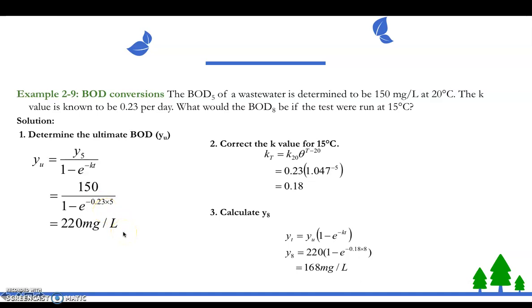However, the question wants the analysis at 15 degrees C, so you need to calculate K at 15 degrees C, which gives 0.18. Then apply the same equation with the corrected K to get BOD8, which is 168 milligram per liter.